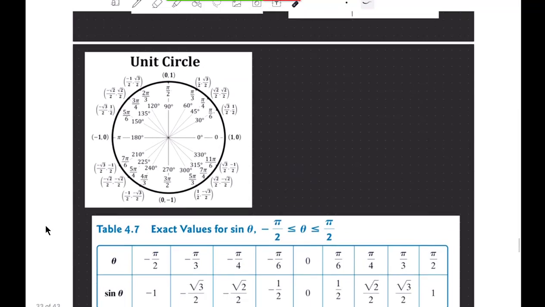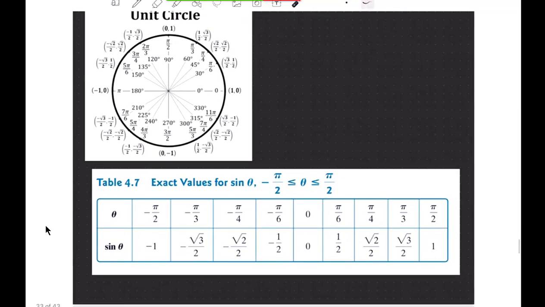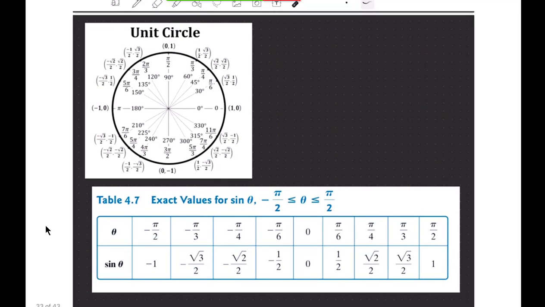And then I just made a little table for you guys. It's all on your unit circle. So if we start at 0, what's my sine value going to be? 0.